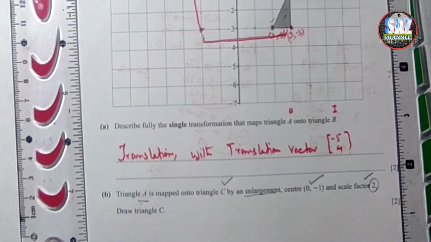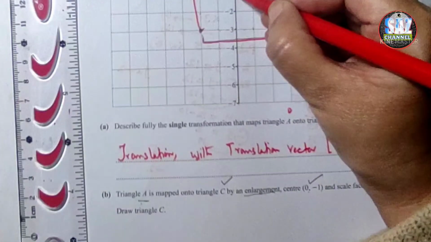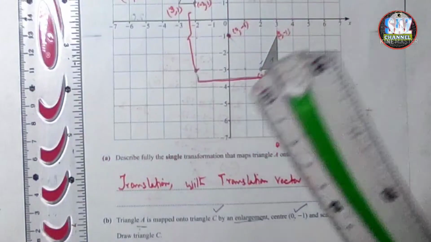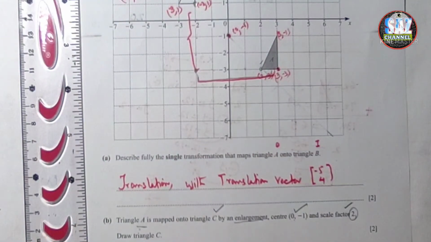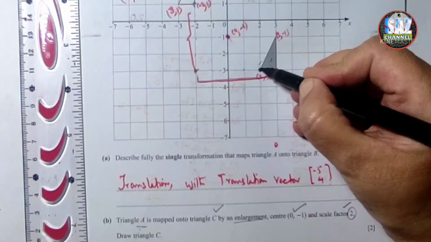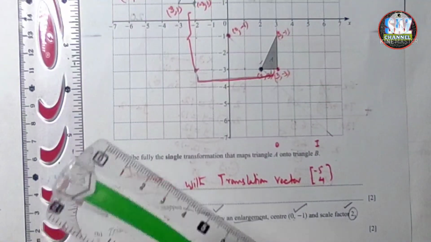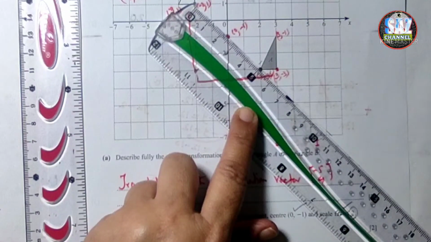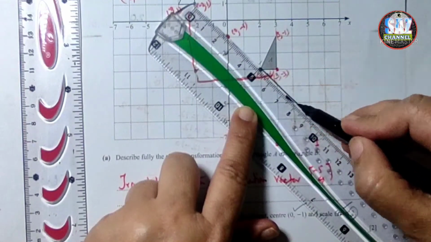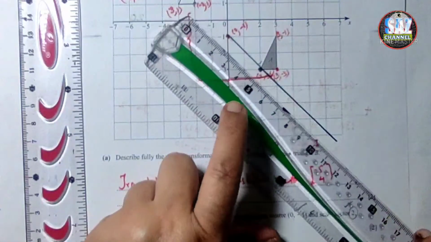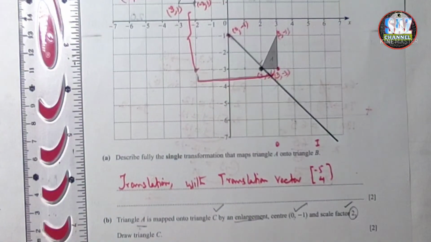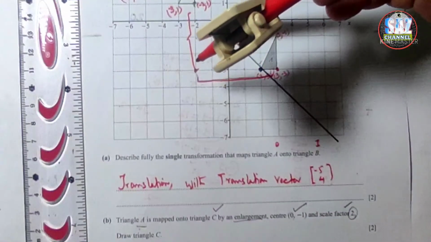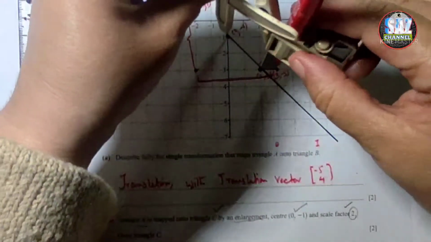Now the center of enlargement that is given here is 0 with -1. Now we recall the concept of enlargement, that to enlarge the shape we have to join each vertex one by one with the center of enlargement. So let me first join and extend the line, and then we have to open the arm of the compass from the center of enlargement till the object point.